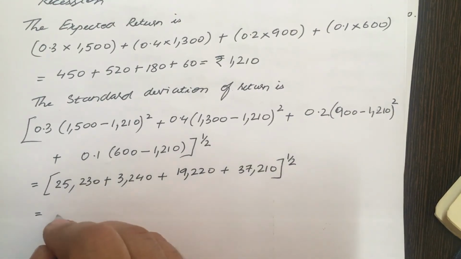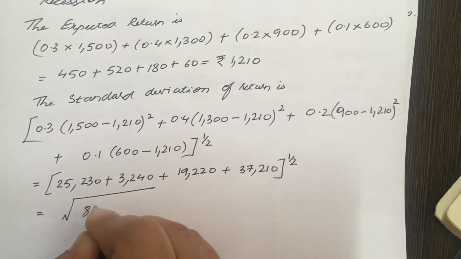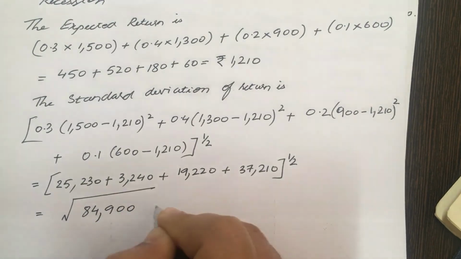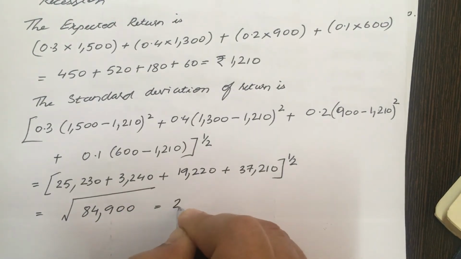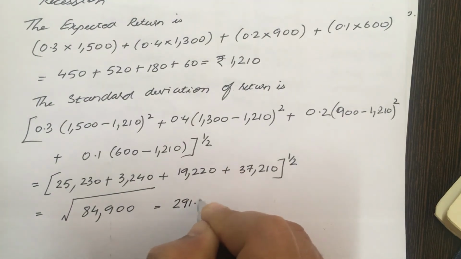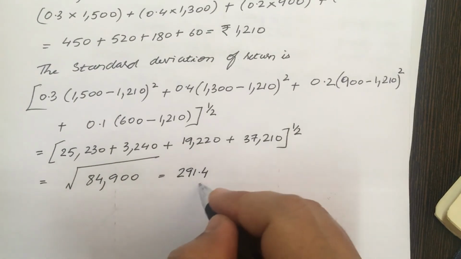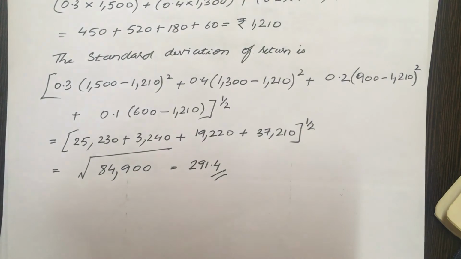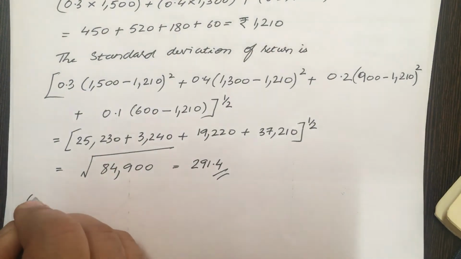So we add all this, it'll come to 84,900, where the standard deviation is 291.4. So we are done with B. All right. And finally C.